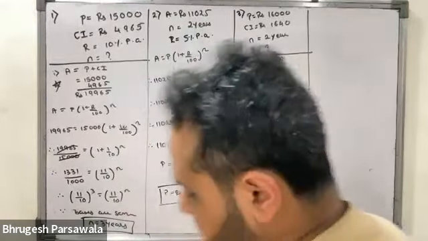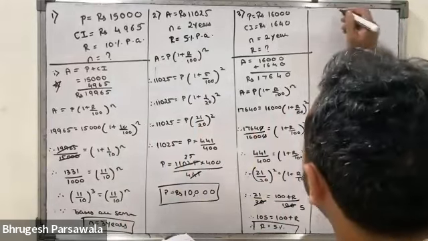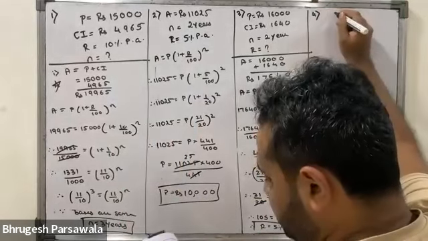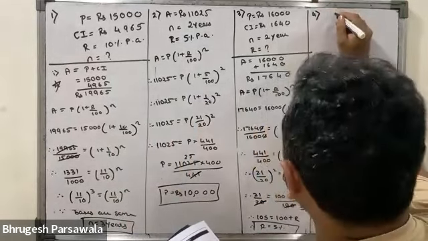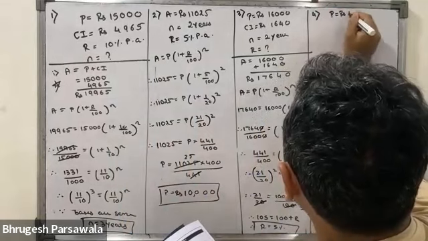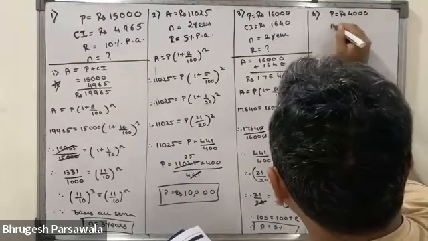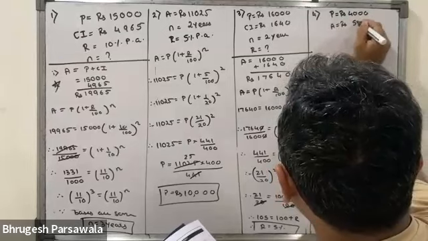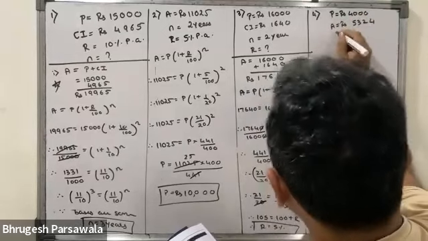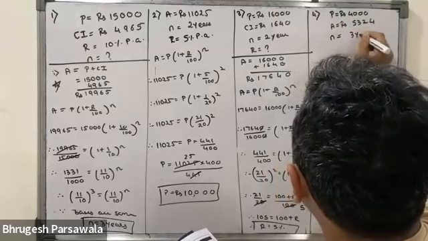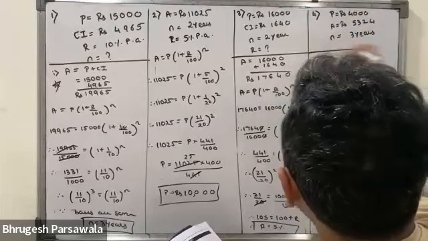Fourth sum. At what percent per annum will rupees 4,000 yield rupees 5324 as amount in 3 years? Easy.